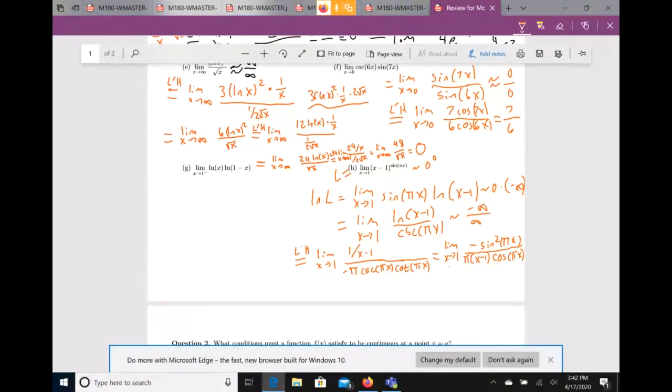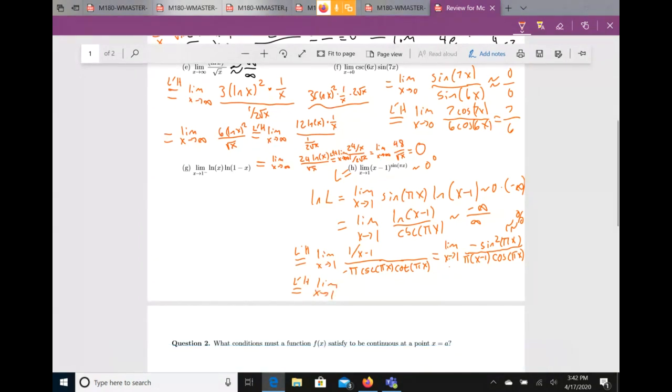Okay, but now this will go to 0 over 0, and we use L'Hopital's rule again. Okay, so then we'll get, let's see, negative 2.